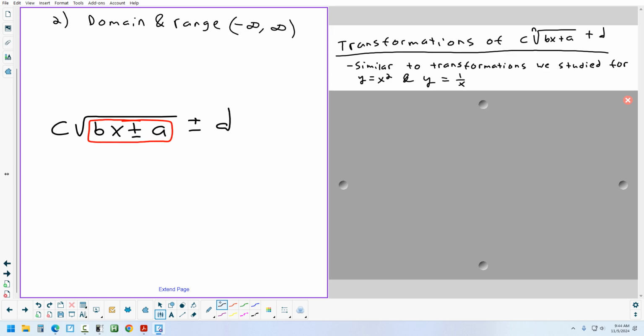What's that part called that I just put a box around? Remember the name of it?